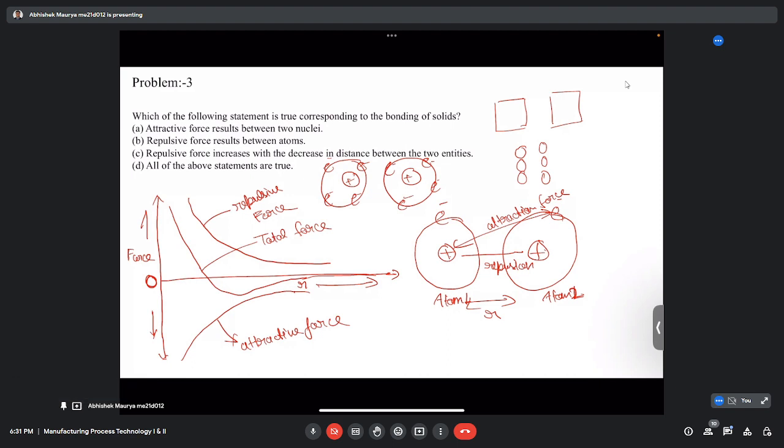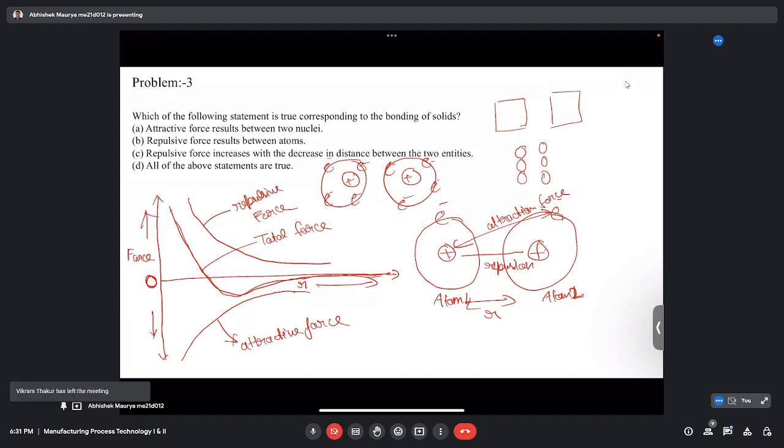Positive means repulsive. Negative means attractive forces. If these two atoms are very far, then they won't feel any kind of force. This is the total force line. It will tend to zero as we keep on increasing the distance. So net force between them is zero.